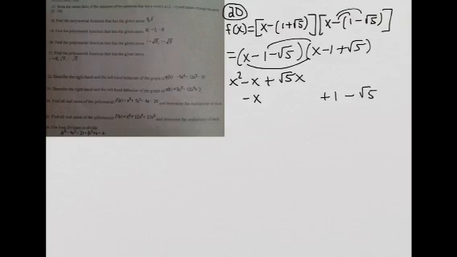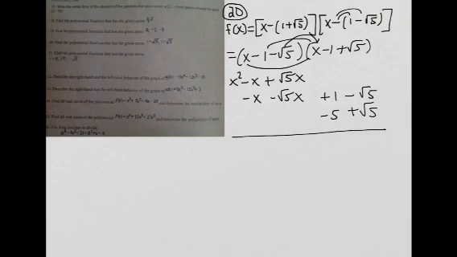Okay? Now I'm going to distribute the negative radical 5. First with the x. So negative radical 5x. And then negative times negative is positive radical 5. And then negative radical 5 times positive radical 5 is minus 5.